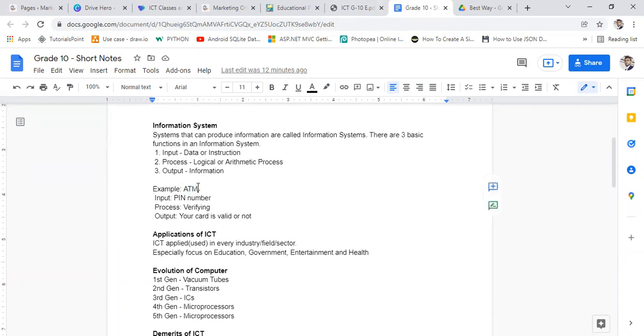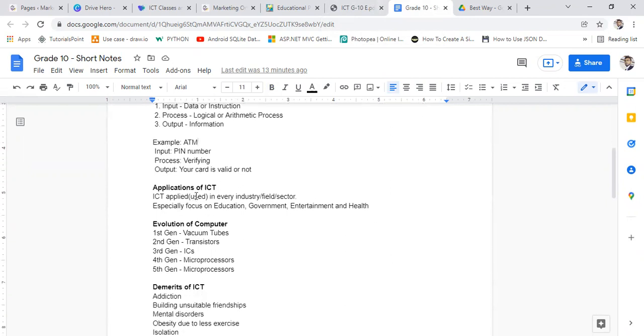ATM machine, ATM is actually an information system. So there are so many inputs, not just the PIN number and all. There are many inputs and many processes and many outputs too. But I have just mentioned one input, one process and one output.